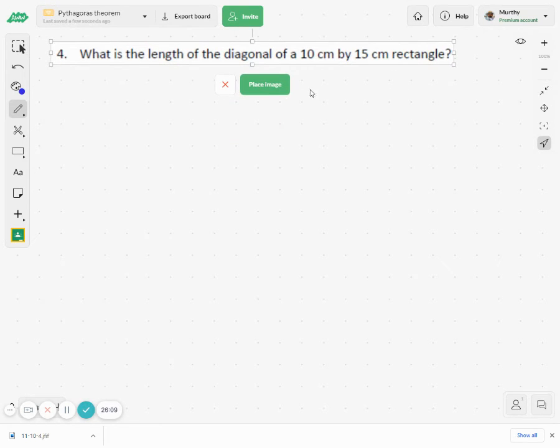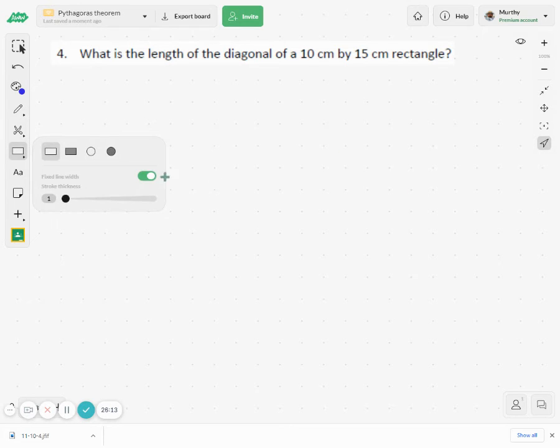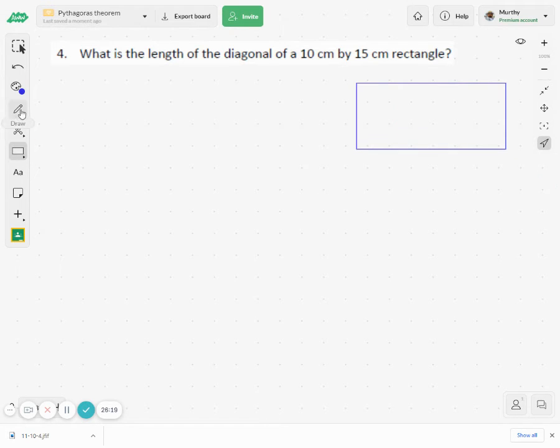The question says, what is the length of the diagonal of a rectangle? Here, let me try a rectangle, and I have to go for a diagonal. Diagonal means from this point to this point.